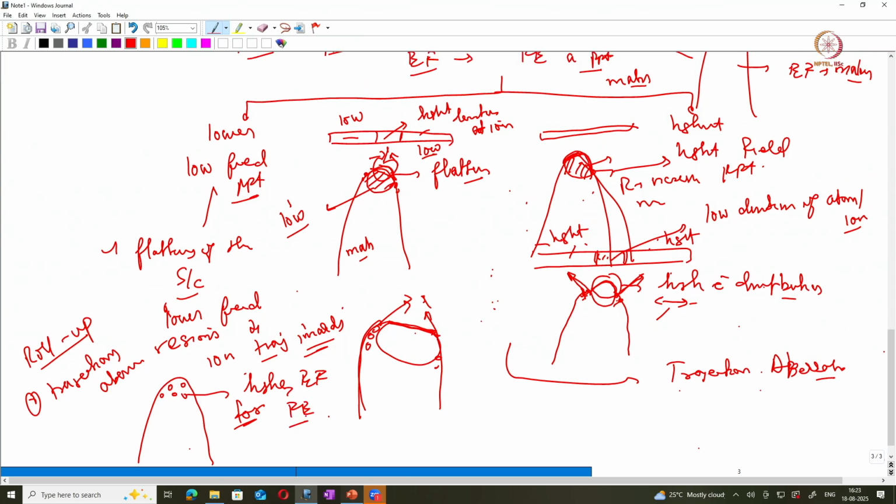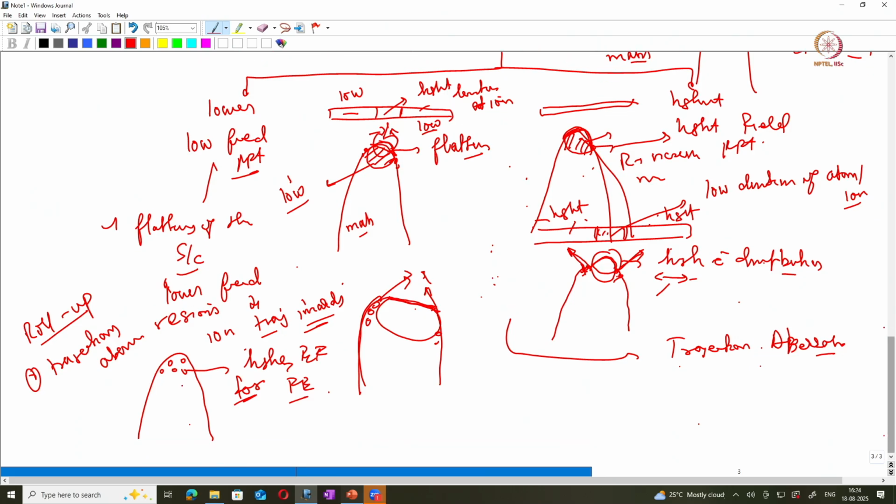If these atoms or species need a high evaporation field, then even though you are applying an electric field, as this requires a higher field, these atoms are retained on the surface until it finally gets enough intense electric field such that these atoms can field evaporate.